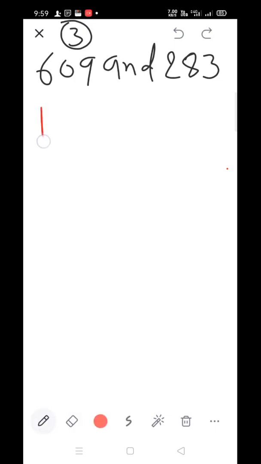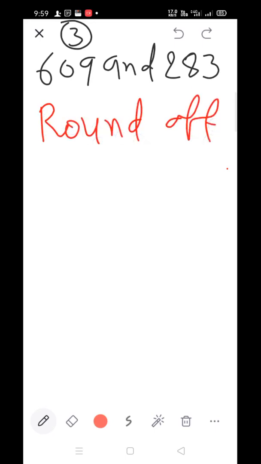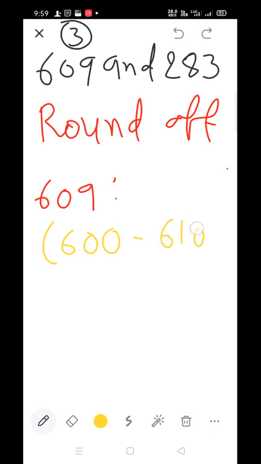So first we have to find out the round off of both numbers nearest to tens. So first round off 609, because 609 is between 600 and 610.